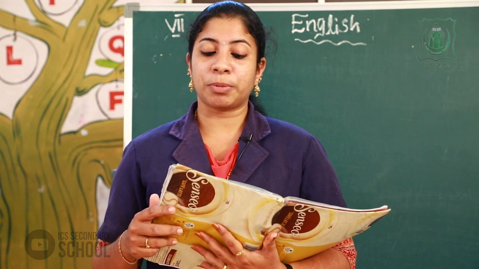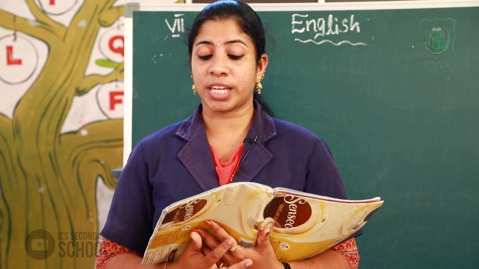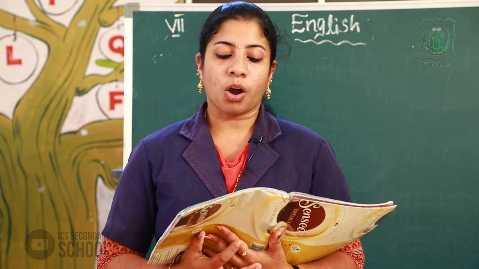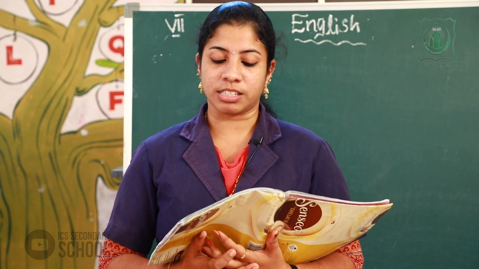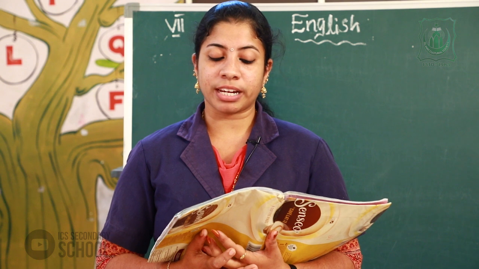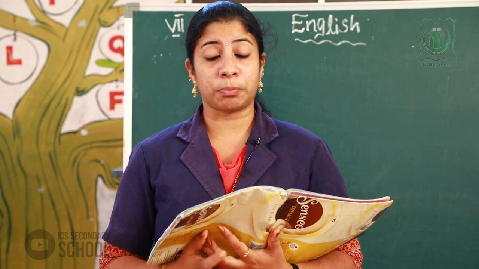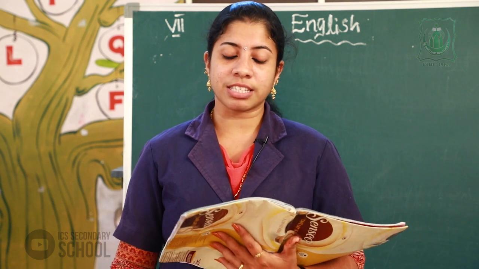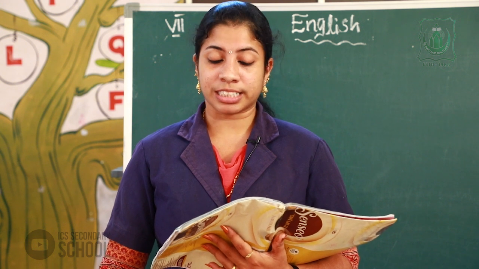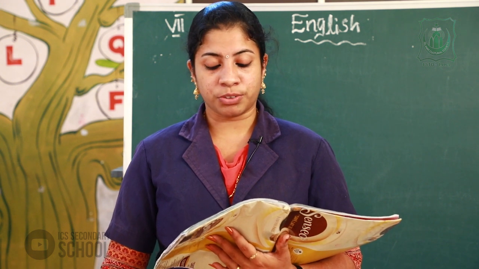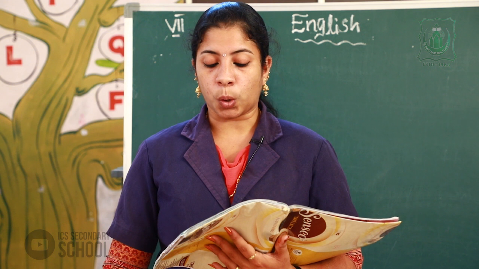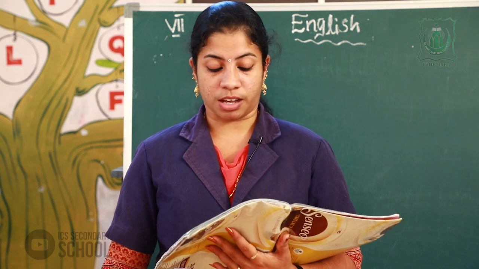The English club in your school has decided to stage a play based on the story A Snake in the Grass. You are asked to prepare a script based on the story. Can you complete it? Here you can see characters: mother, 4 sons, neighbors, old beggar, servant Dasa.